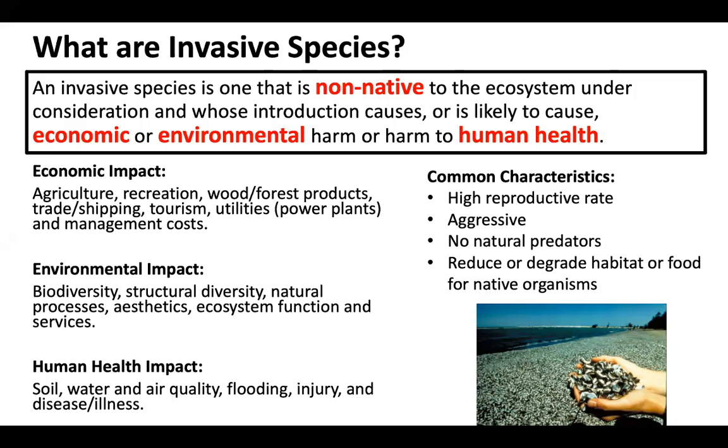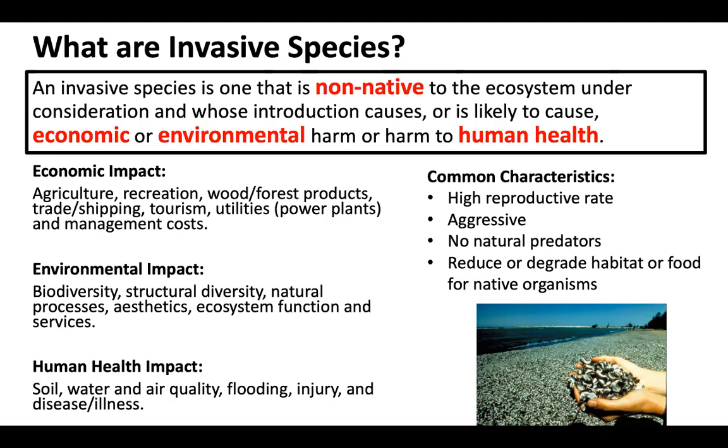In the Finger Lakes region specifically, we think of tourism because that's a major part of the Finger Lakes region. Environmental impacts could be loss to biodiversity or a change in natural processes that would normally occur in the environment. And then human health impacts could be impacts to water or air or flooding. And it could also be like injury or illness to people.